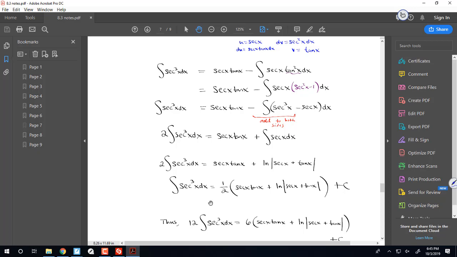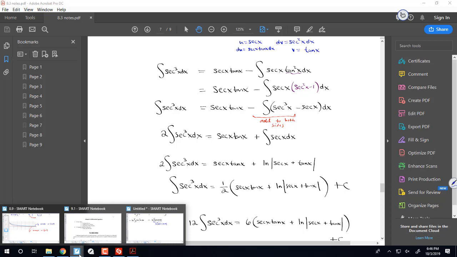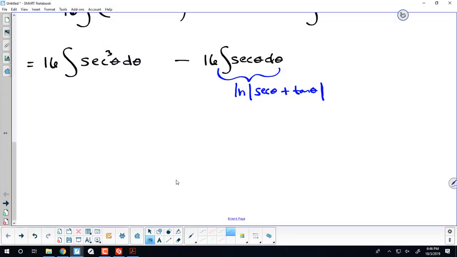So wouldn't I technically have two natural logs of secant and tangent? Right, you'd have two of those, secant plus tangent, and natural log. I'm going to put this in here.